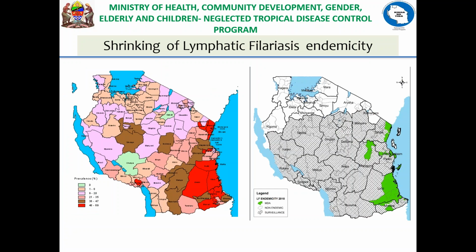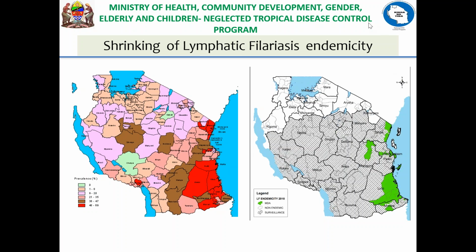Our map before the year 2004, after completing our mapping, looked as on the left-hand side. Then from 2014, 2015, on the right-hand side, the upper part, where it's white, is proved to be non-endemic for lymphatic filariasis.